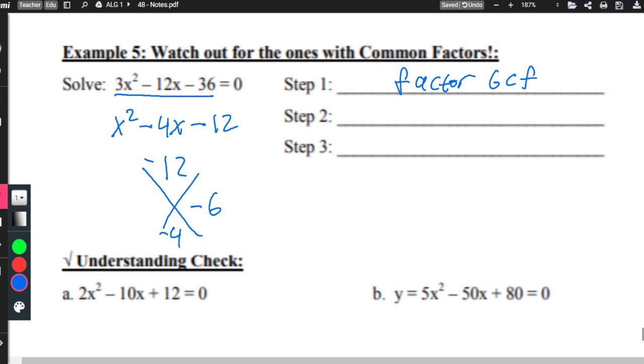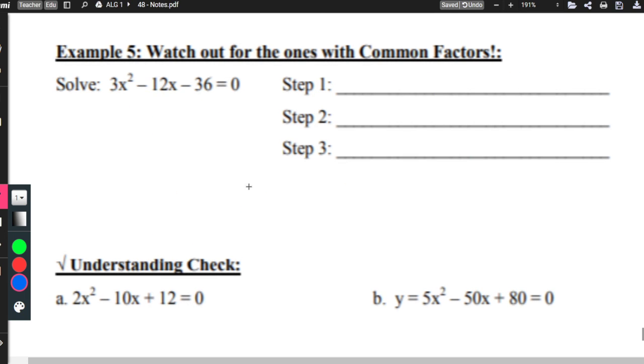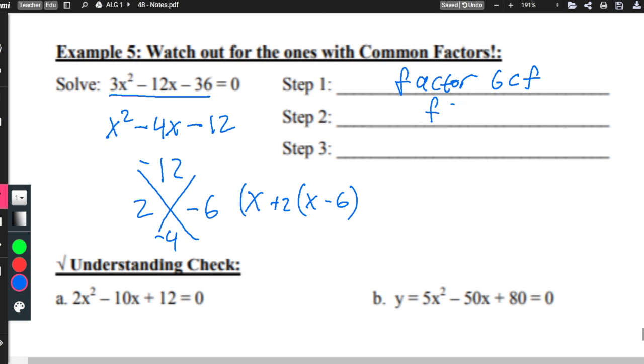We'll have negative 6 and positive 2. So x plus 2, x minus 6. So we factor out our GCF, factor normally, and then we solve for x. The zeros of x are minus 2 and positive 6.